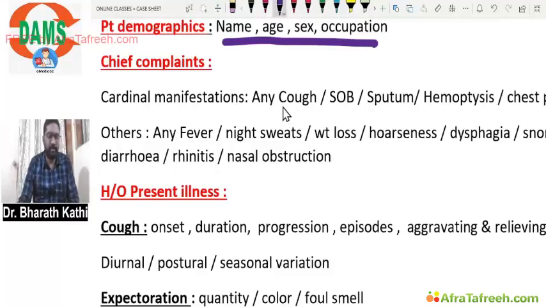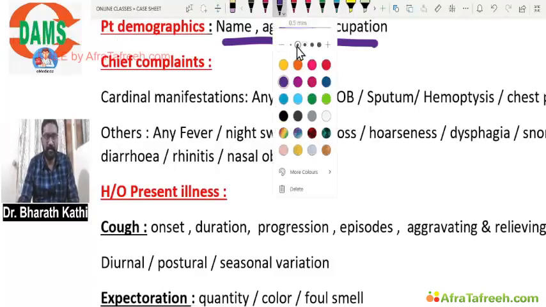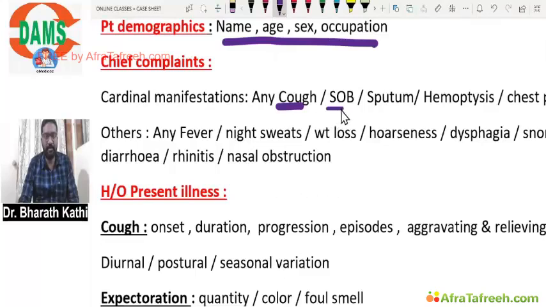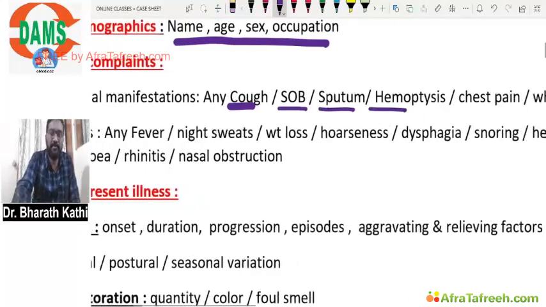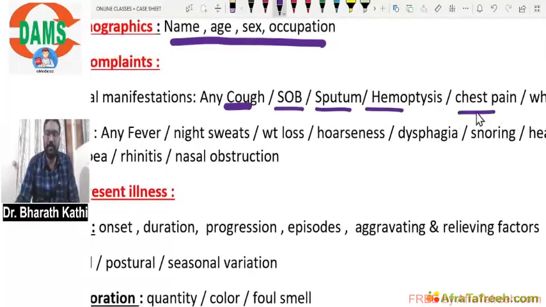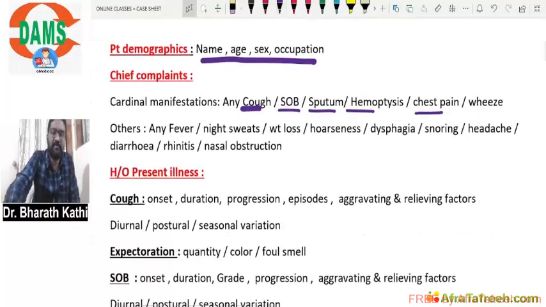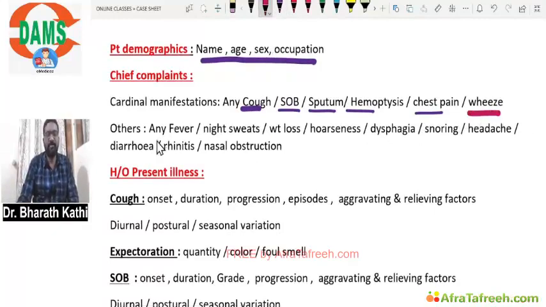Is it cough? Is there any shortness of breath? Generally the patient will tell you his chief complaints. Is there any sputum? Is there hemoptysis? Is there any chest pain? These are the various chief complaints a patient with respiratory disease can tell the doctor. Is there any wheeze? All those that I have discussed.